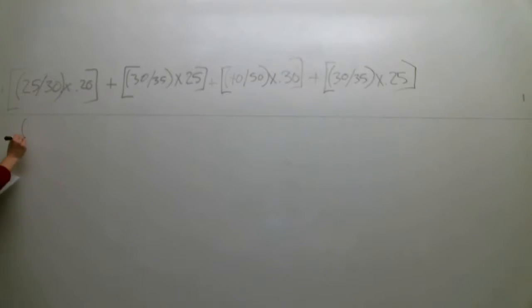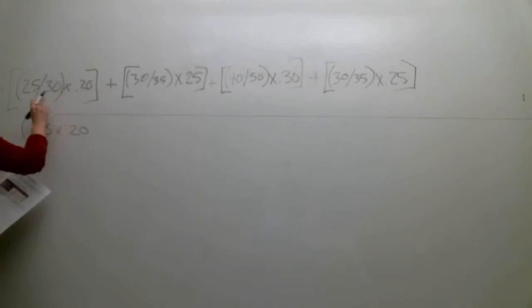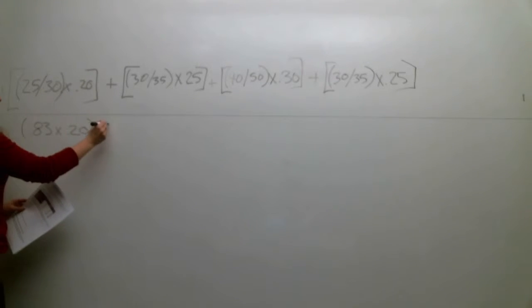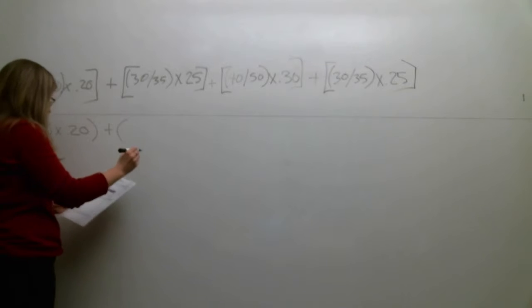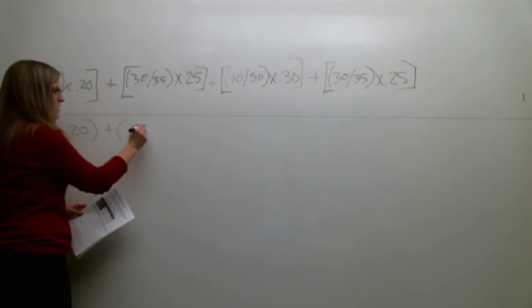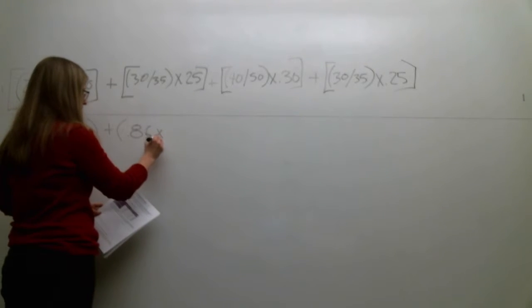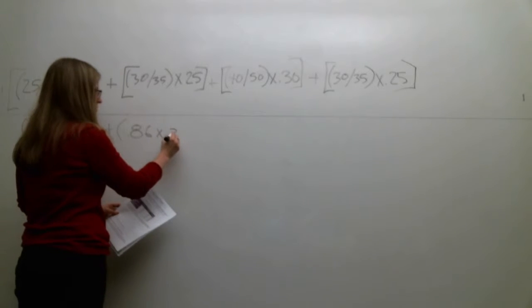When I do the math in this bracket, it's 0.83 times 0.20. All right, I just solved for that. Plus 0.86 times 0.25.